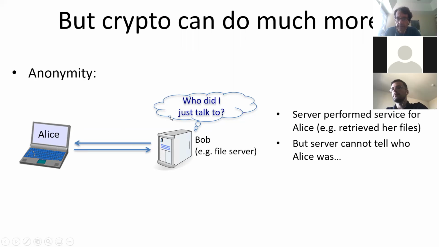And yet the cryptographic algorithm that Bob will perform here, I'll give you a hint, will assure Alice that the server let Alice retrieve, for example, her file and her file only. And yet the server didn't learn who Alice was. In particular, the server didn't notice which file was retrieved.